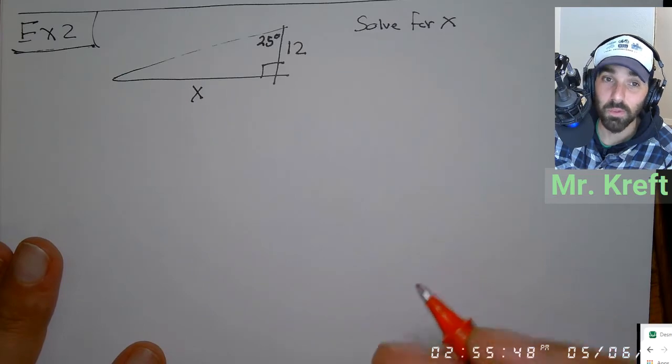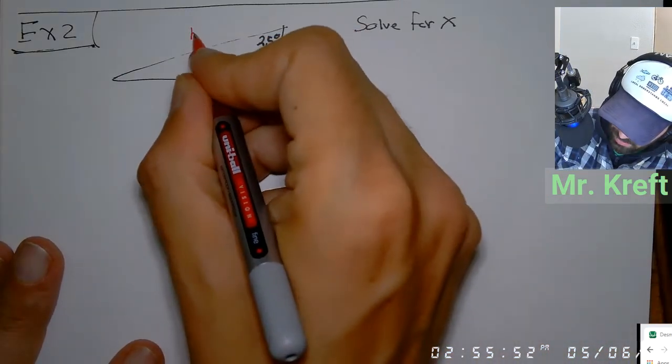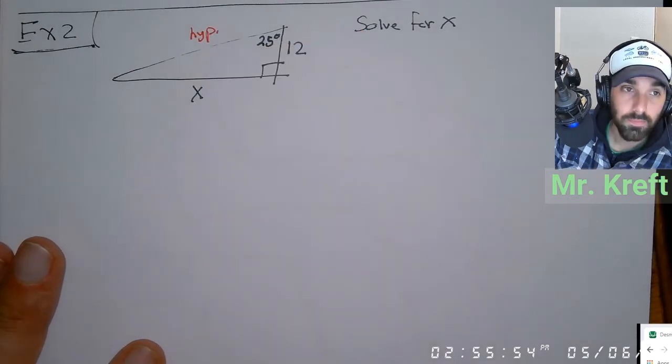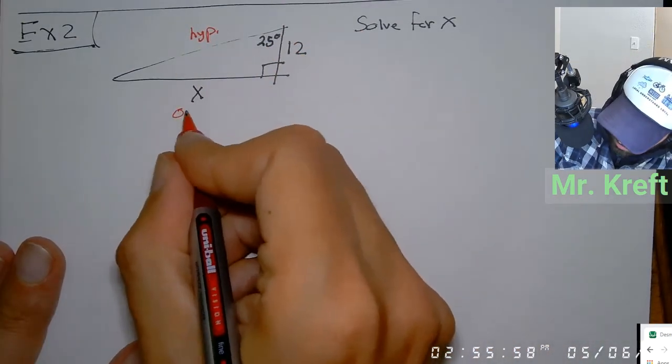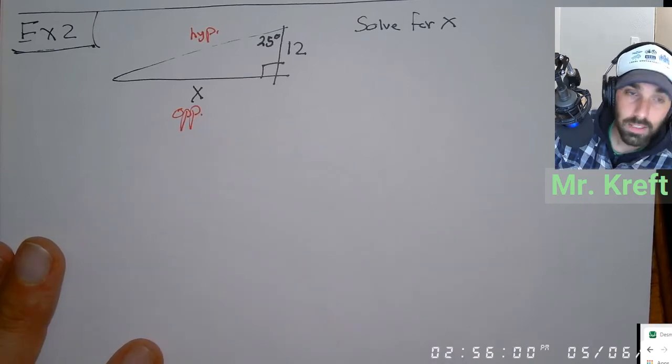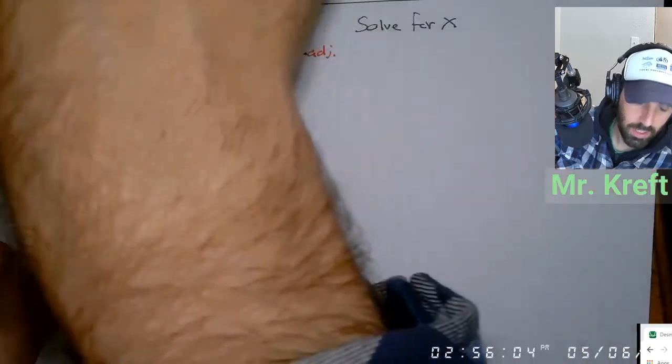What's the first thing that we're going to do? We're going to label the sides. Across from my 90 is my hypotenuse. The side furthest away from my angle is my opposite. And then I do my adjacent last.